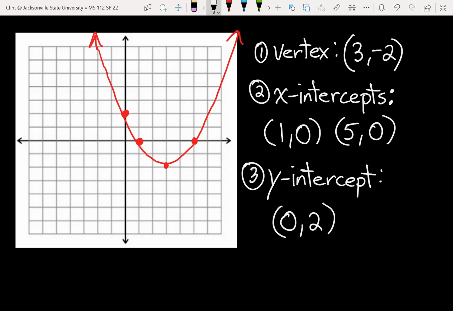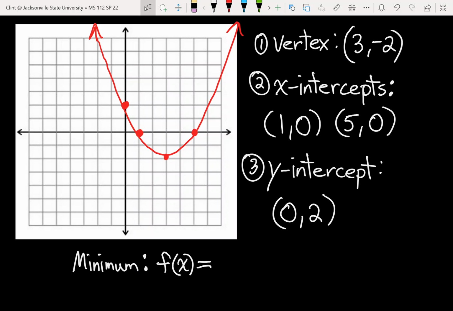Then we want to know, does this function have a maximum or a minimum? We have a minimum. And the minimum value, what's it going to be?